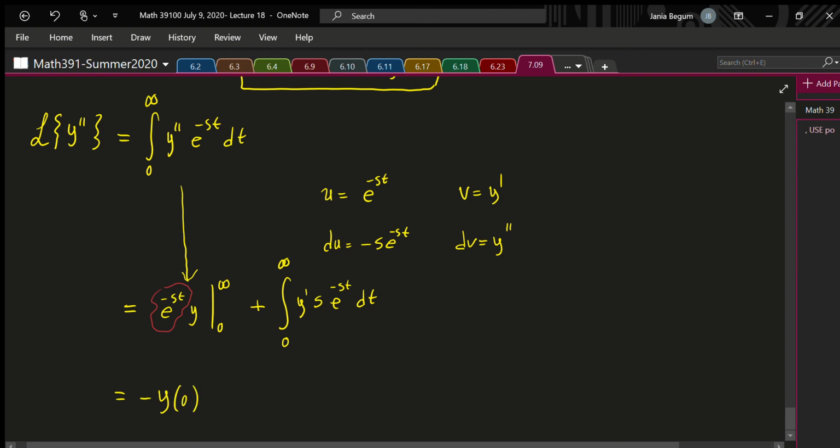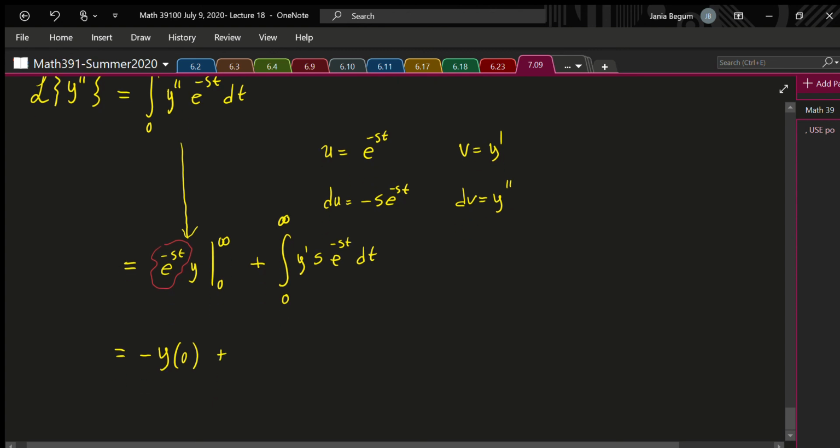Now for the second part, you should notice something, but I'm going to rewrite it so that you realize it looks like something. So you have s times the integral from 0 to infinity of y prime e to the negative st dt. Like Schumann says, this is the Laplace transform of y prime.